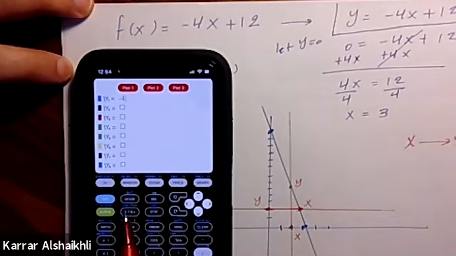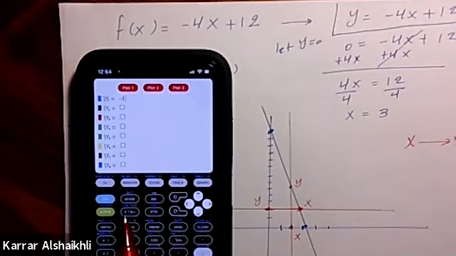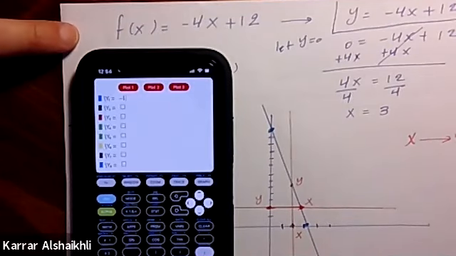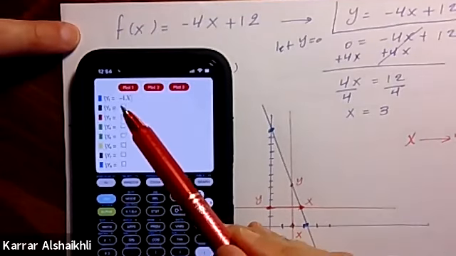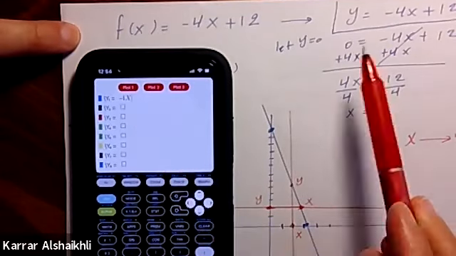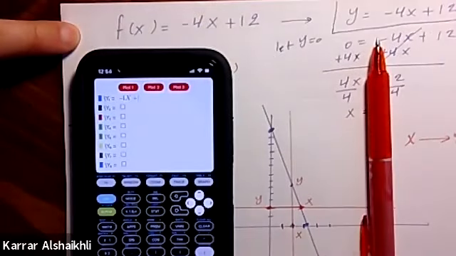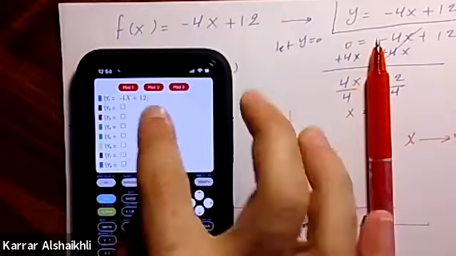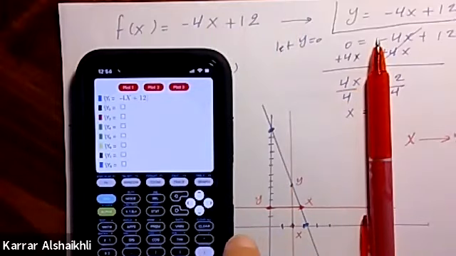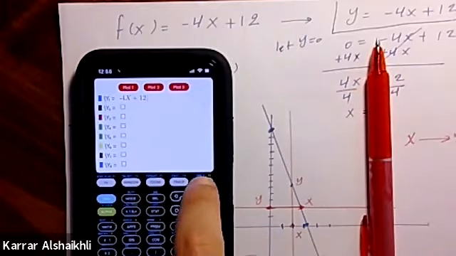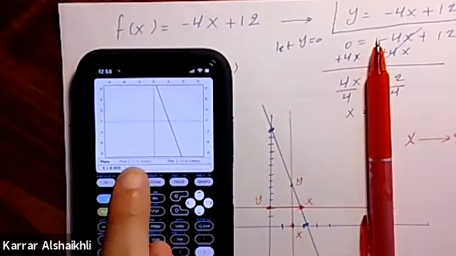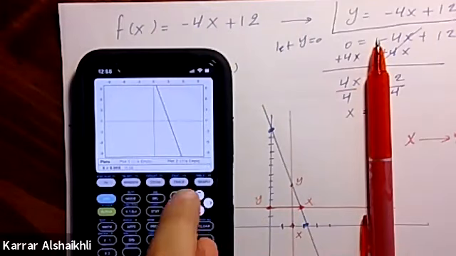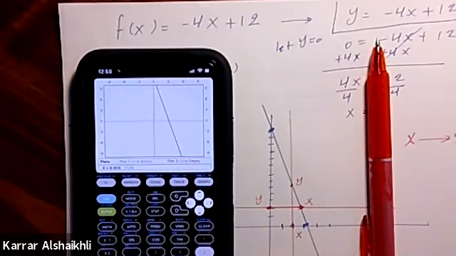That means you can insert a letter, which is the x. So I'm gonna press this one. You see, negative 4x plus 12. Now I'm done. I already inserted my function. The next step, I'm just going to press graph, and you will see this is the graph of our function, which is just a line like this.